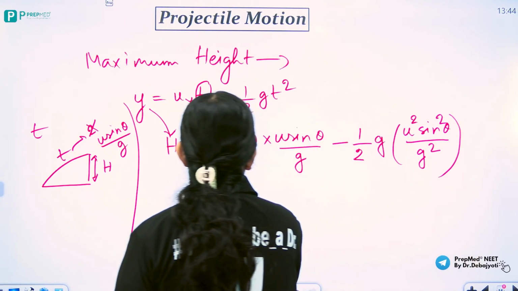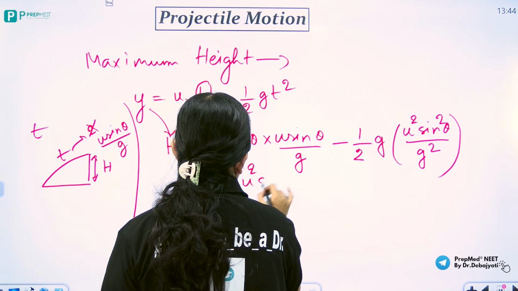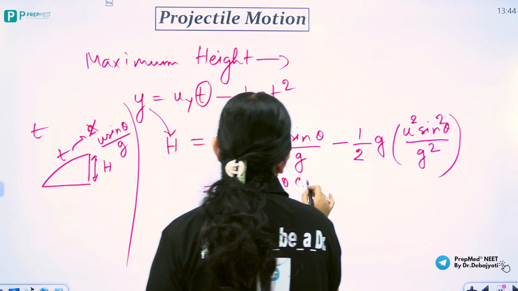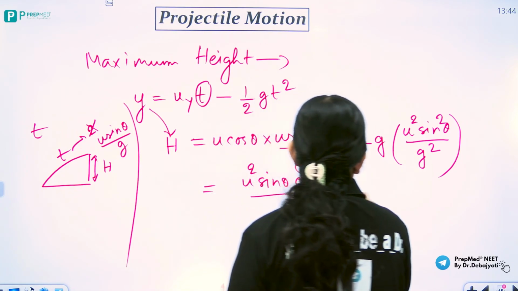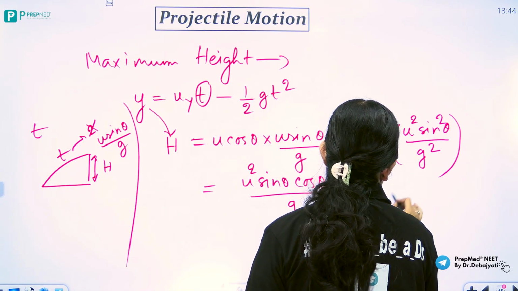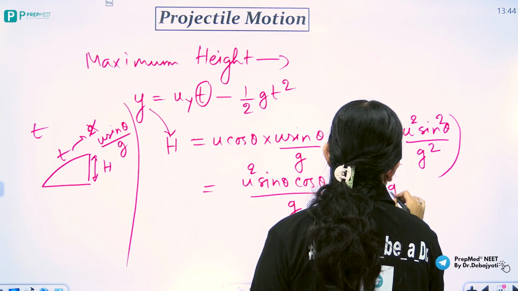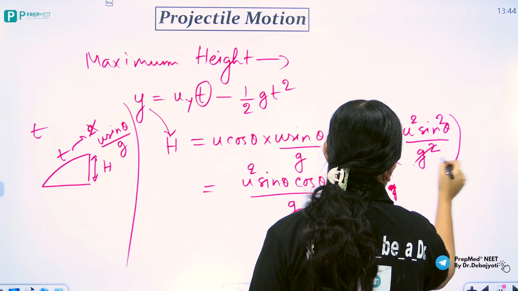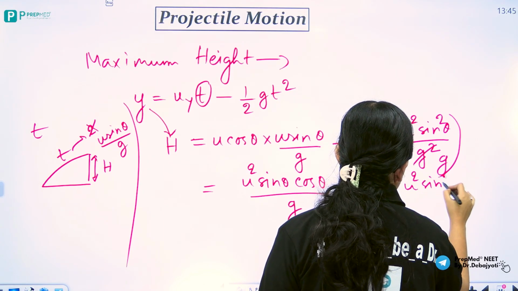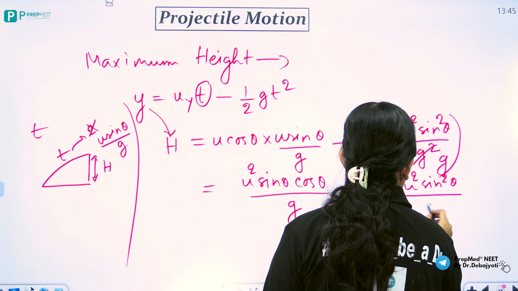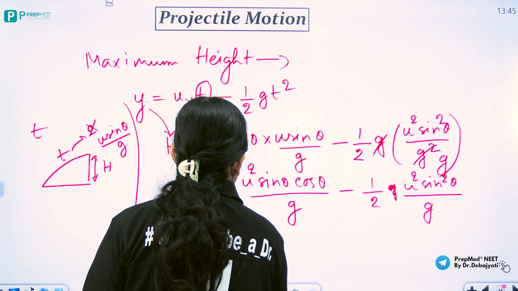So here we are getting u square sin theta cos theta by g minus half g. We can write like this. So half u square sin square theta by g. So what do we get?